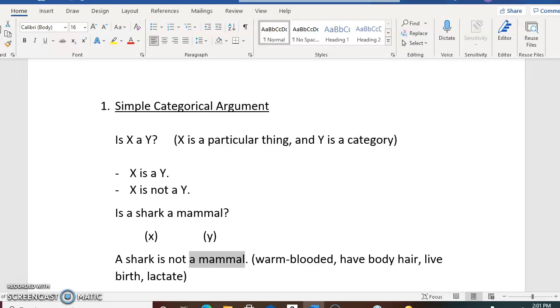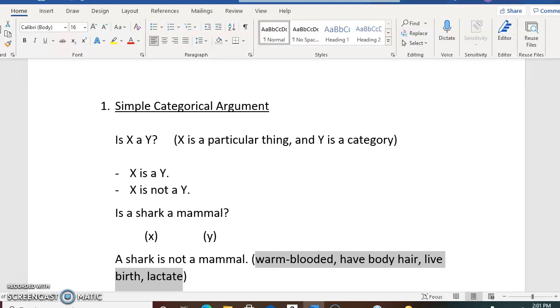And like you learned in, say, 7th grade biology, mammals generally have 4 criteria that they have to meet to be considered a mammal. Mammals are warm-blooded. Mammals have body hair or fur. Mammals give live birth. And when we say live birth, we mean like they don't give birth to eggs that hatch or something like that.